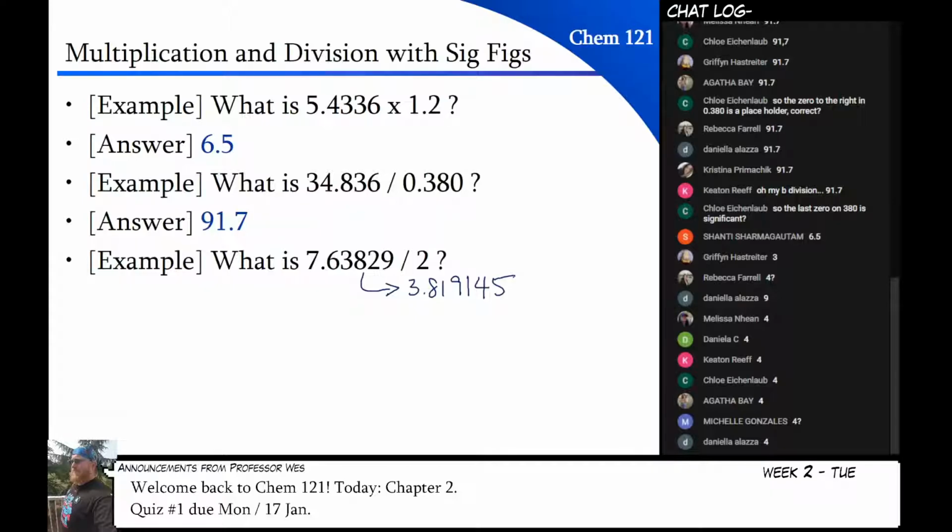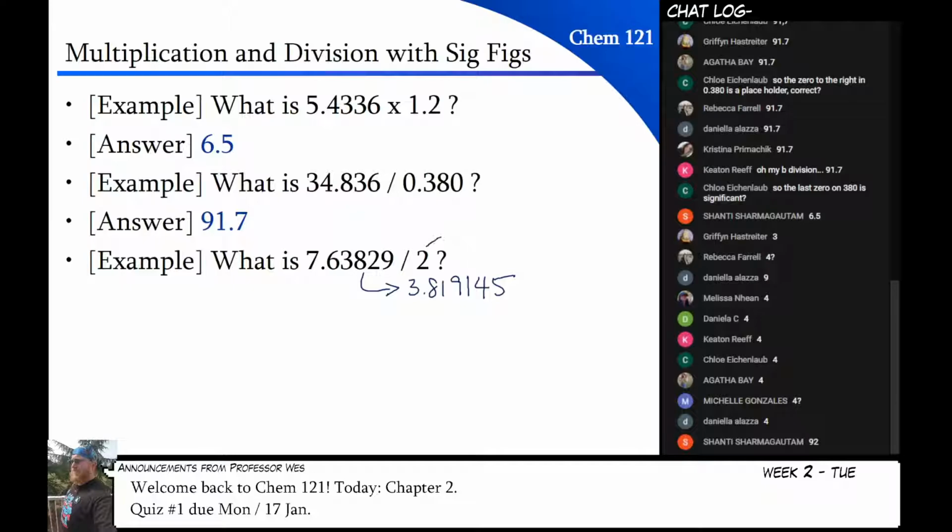It looks like everybody's writing a 1-digit number, and that's correct, because this 2 only has 1 sig fig, right? This has 6 sig figs. So because this is the smaller number of sig figs, my answer must only have 1 sig fig. So we're going to round it right there. And the next digit that I round to rounds up. So the answer I report is 4.